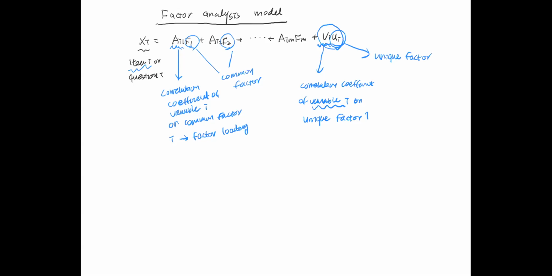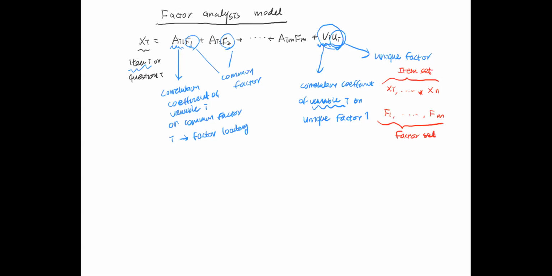And more importantly, you already know this. So we have this item set X1 through Xn, right? So say this is our item set. And say this is our factor set, F1 to Fm, right? So this is our factor set.